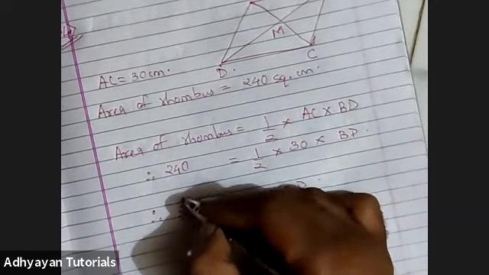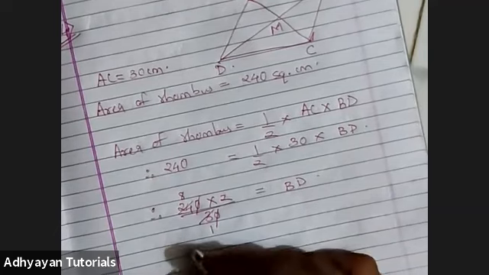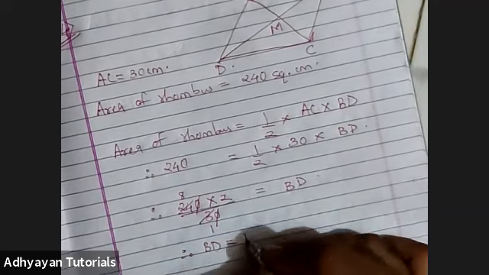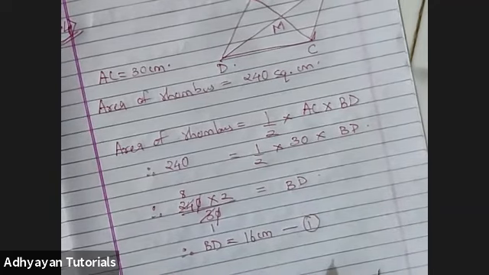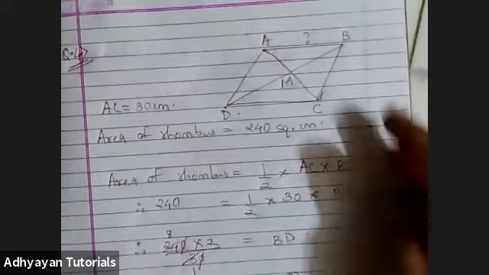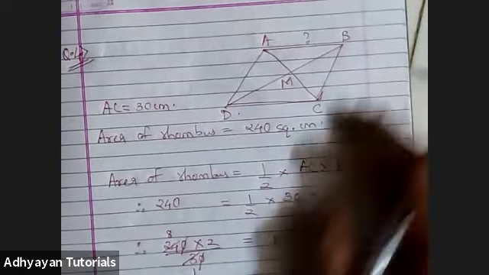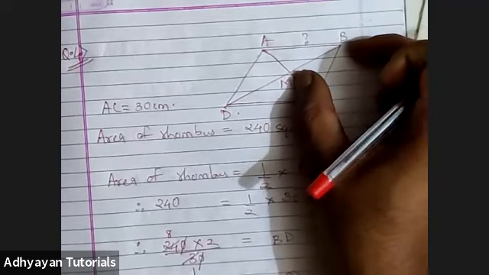3 1s are 3, 8 2s are 16. So therefore, BD is nothing but 16 centimeter, and I mark it as equation 1. So children, now I've got BD का value, I've got AC का value. So can I find AM and MB का value?